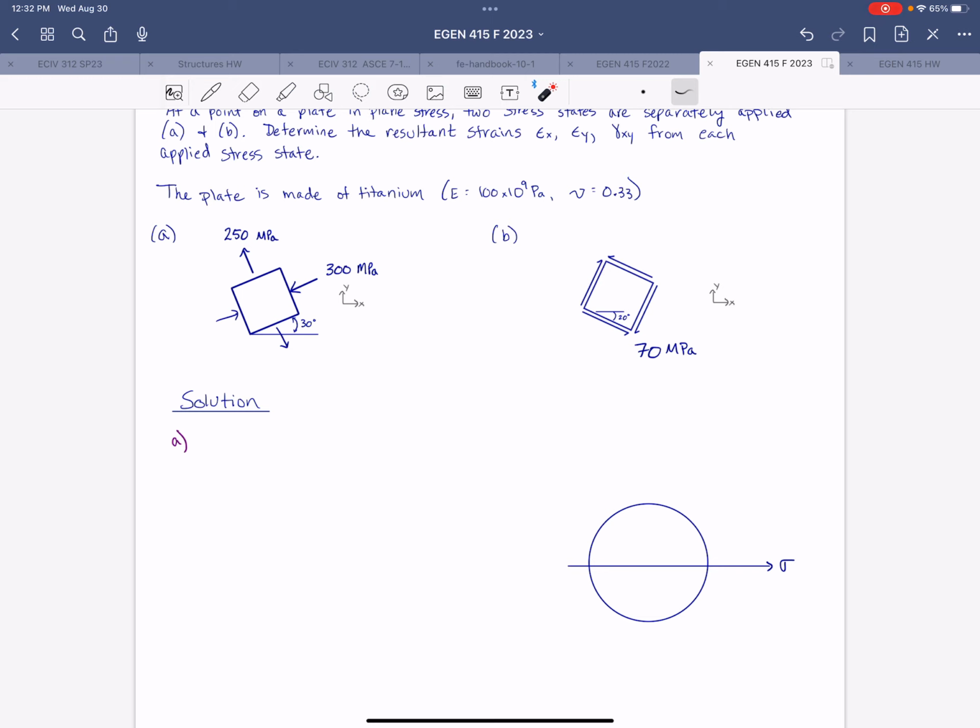Yeah. It's in the principal stress? Exactly, yeah, it's in the principal plane. So we can say that it's a principal state.